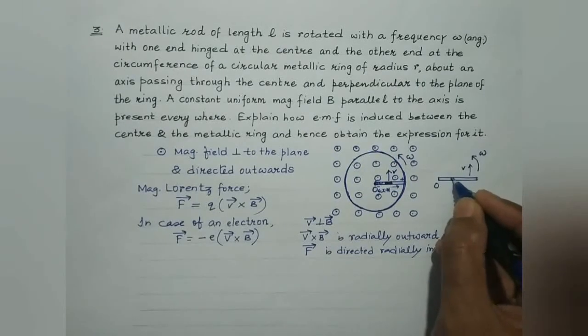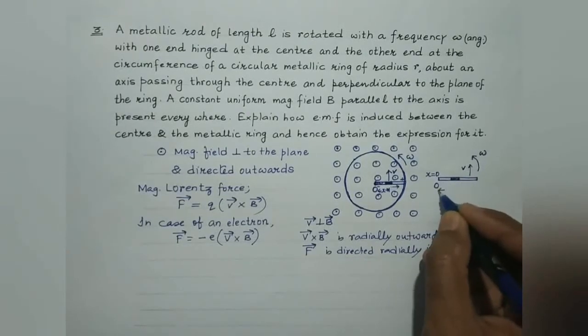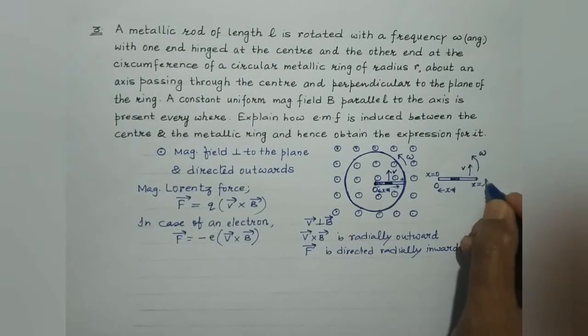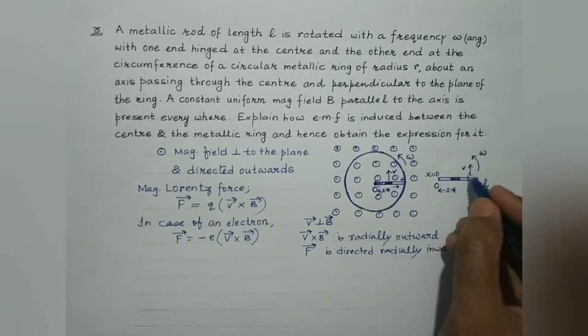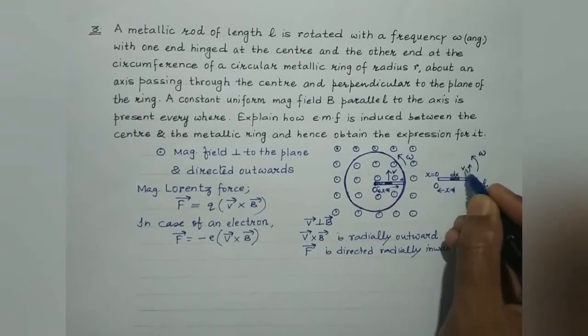So let's consider a small portion over here. This is x equals 0, and this end will be x equals L. Let the velocity of this segment be v. Let us consider this segment to be dx. Its velocity is v.